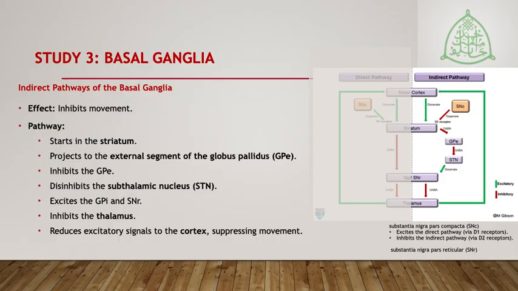So normally the substantia nigra reticularis is also supposed to inhibit the thalamus, but in this pathway, the intention to reduce the movement is sent in by the cortex to the striatum, and the striatum now sends inhibitory fibers to the globus pallidus externa, which naturally was supposed to inhibit the subthalamic nuclei.